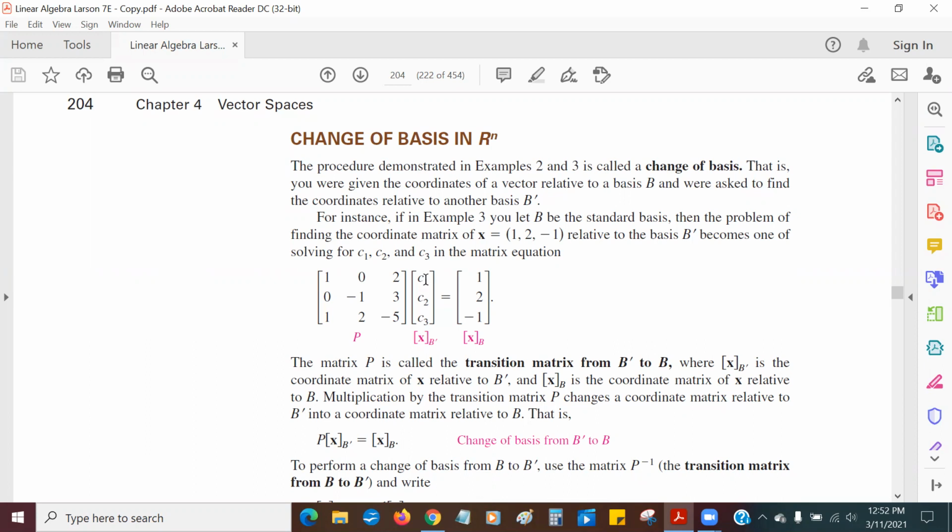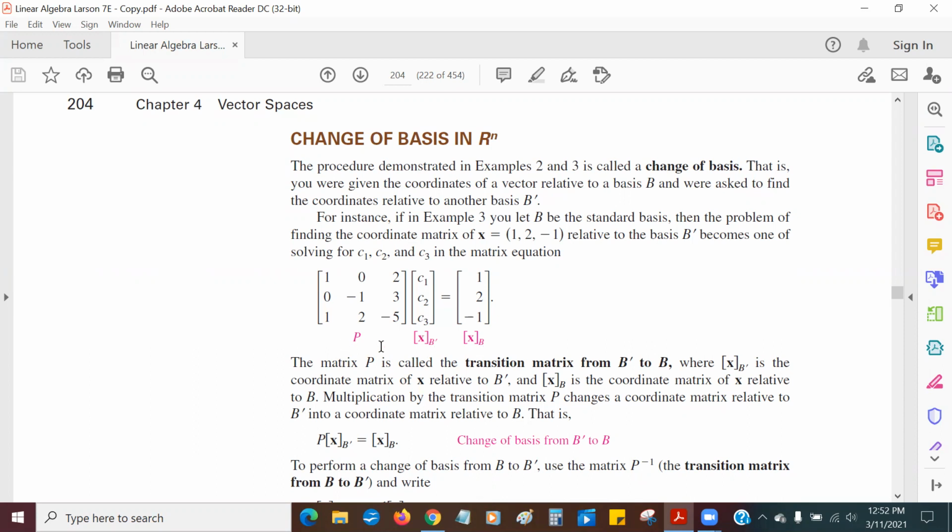Here, C1, C2, C3 were the components of the vector X relative to the basis B prime, which happened to be non-standard in our example. And this 1, 2, -1 was the components of X relative to the basis B. It happens that in that example B was the standard basis.